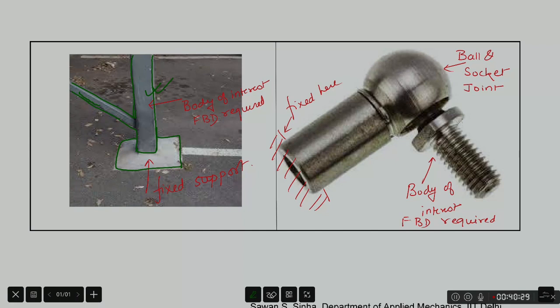Whatever forces we are applying at the top will be the applied force system, and I know them. Whoever is applying them will tell you that I am applying this much force. Your job is to draw the free body diagram. What are you going to do here?